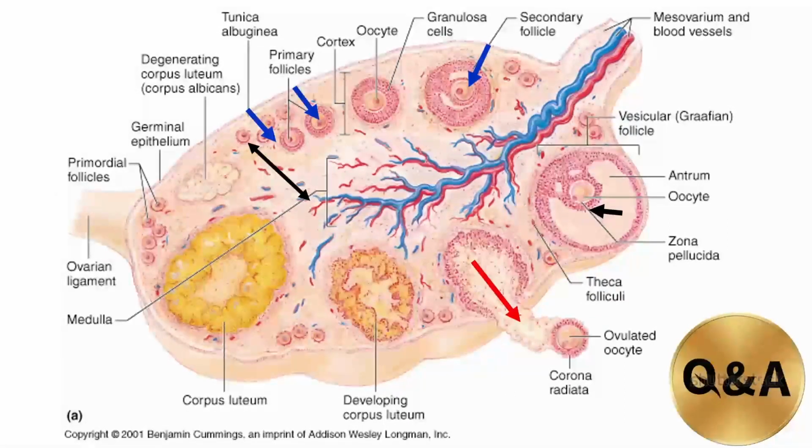The follicle ruptures, and the oocyte is released from the ovary.